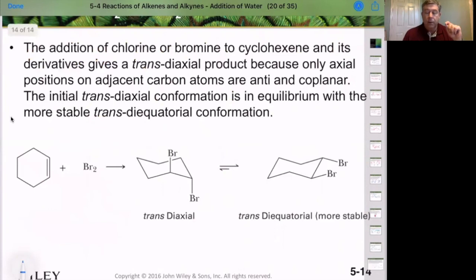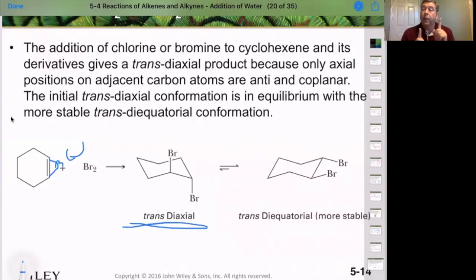Okay, so what that means is that when we do this reaction on this cyclohexene right here, we'll form bromine on the top right here, and then the other one comes on the bottom, giving us a single isomer. And when we make that isomer, as it forms, it originally forms as this trans-diaxial.